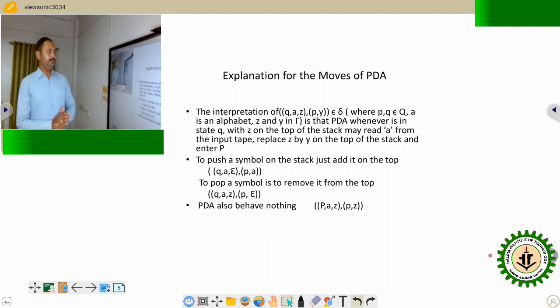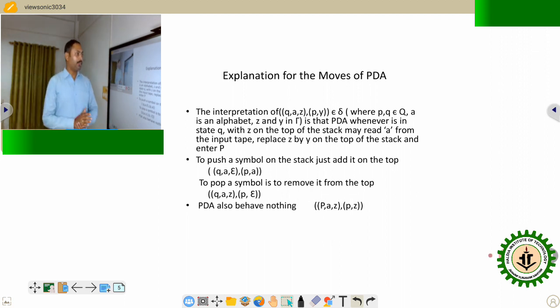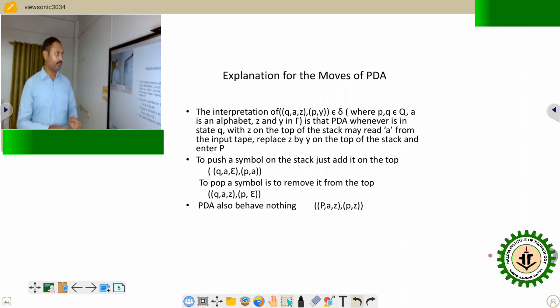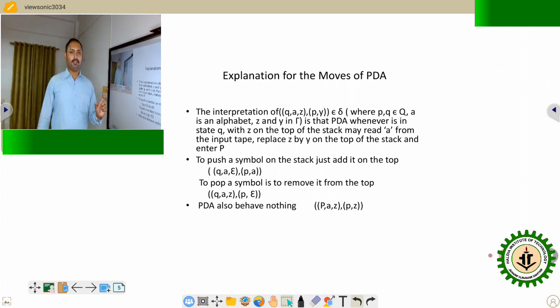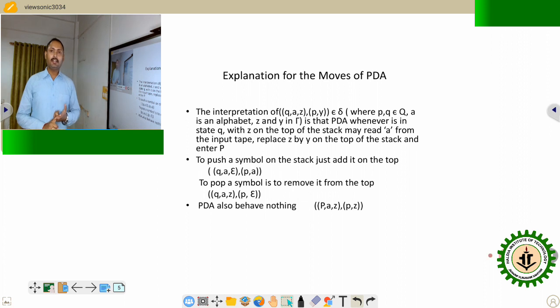Now we will discuss the working principle of pushdown automata, how pushdown automata will work. These are the special movements of pushdown automata. Pushdown automata can accept an input symbol. After accepting, it will store the input symbol into a stack. Now what will happen after accepting an input symbol? Things will happen.